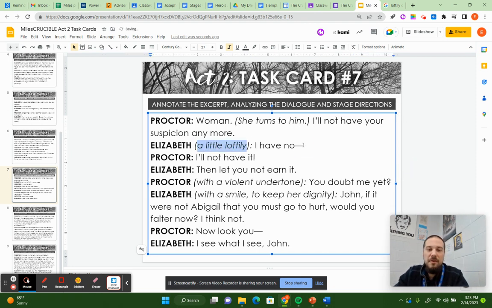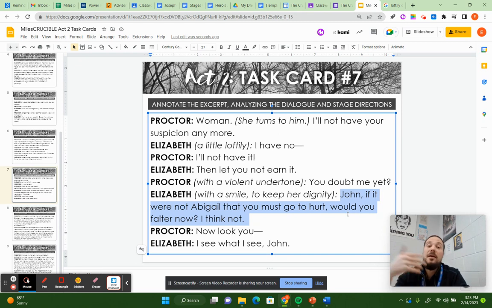And then maybe you want to say, "John, if it were not Abigail that you must go to hurt, would you falter now? I think not." Again, I might comment on that and say something to the effect of, Elizabeth just comes right out and says what's on her mind, which is that she believes John is still holding out a bit of love or passion or whatever you want to call it for Abigail.